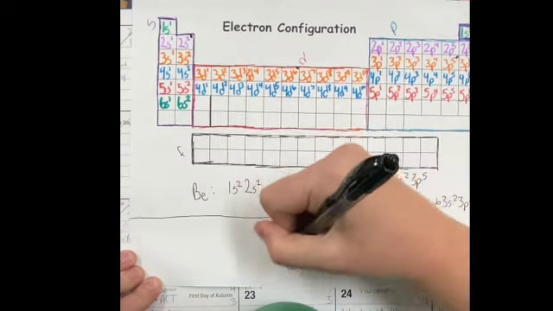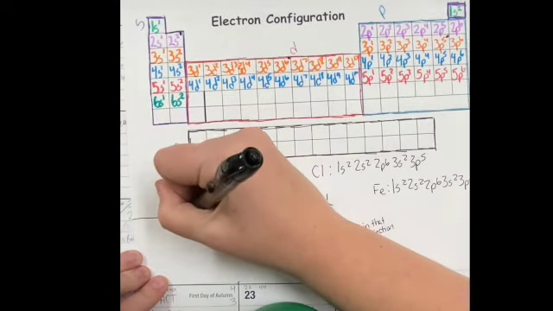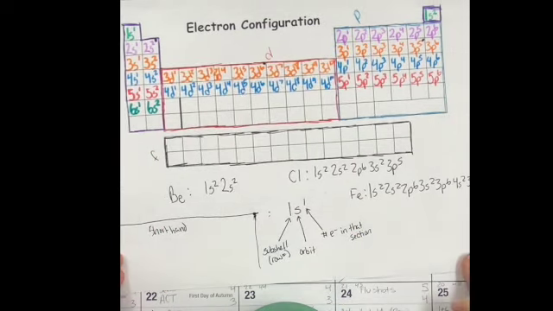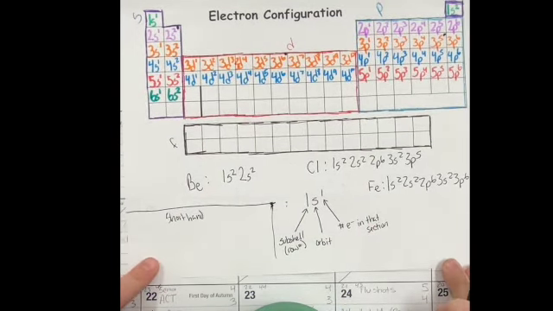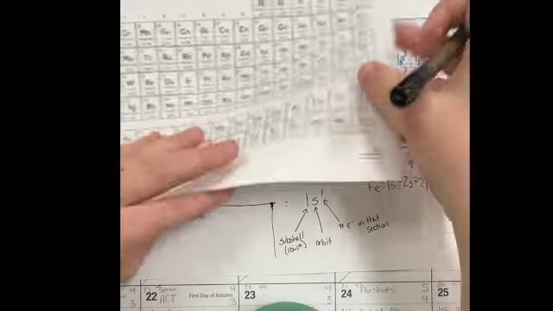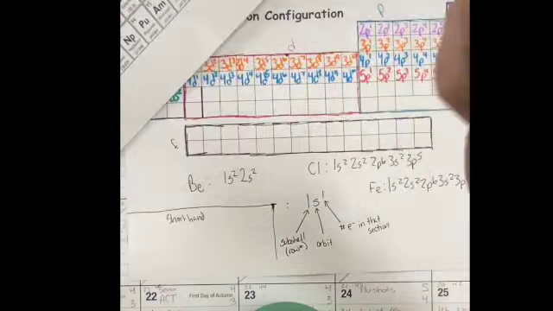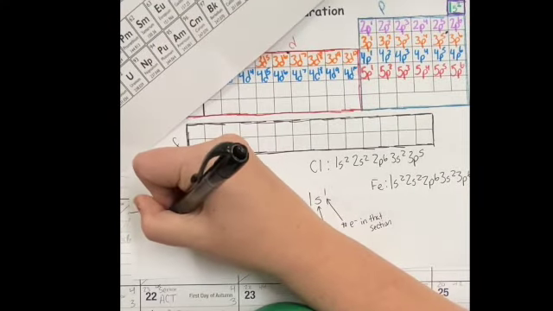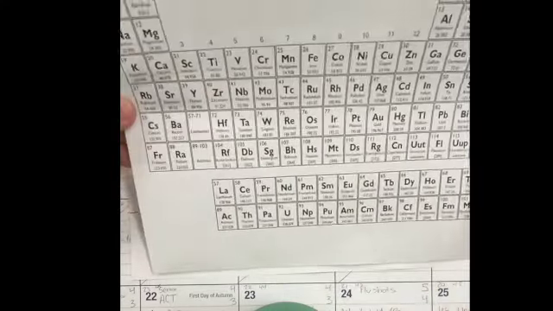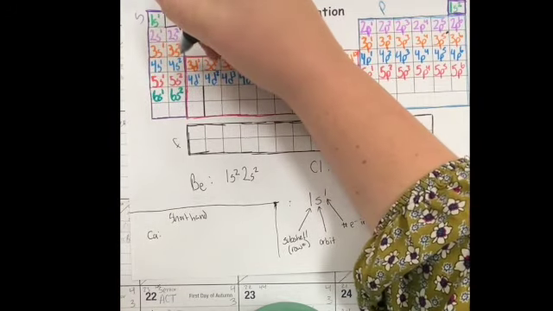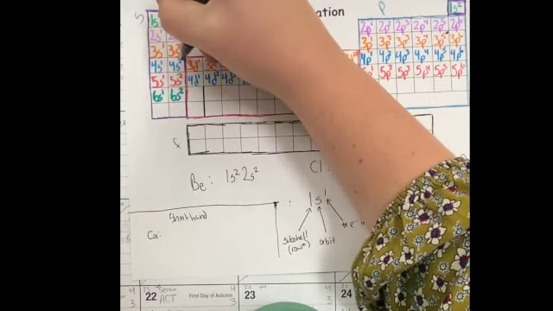Now I want to show you a shorthand way for you to write electron configuration. So for the shorthand, first let's do calcium, Ca. First you find the element, so Ca is right there, which means Ca is right here on our periodic table.